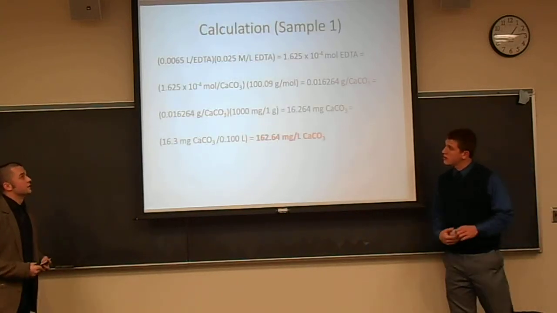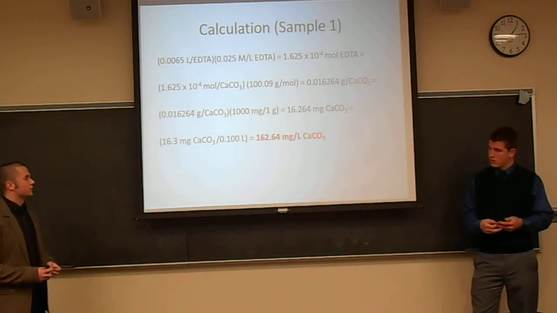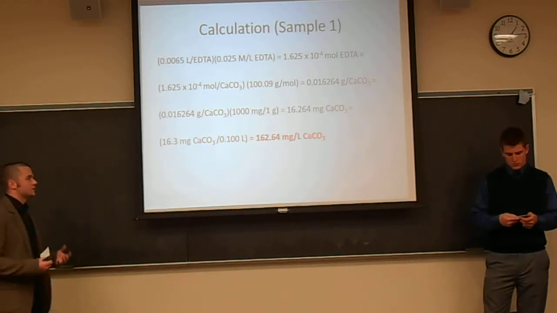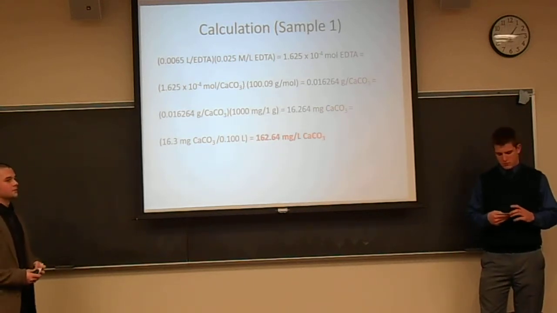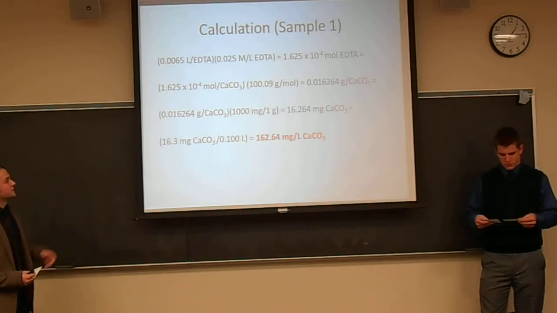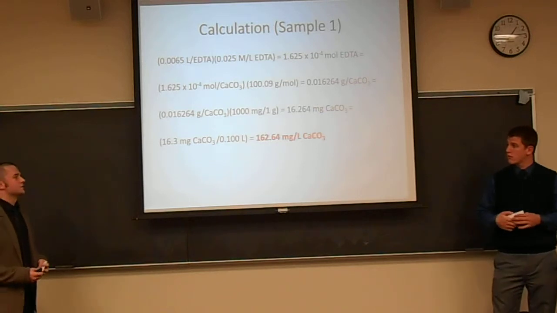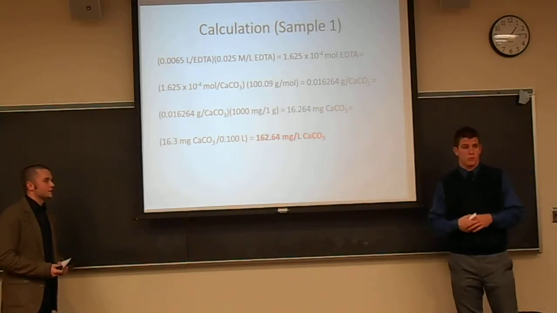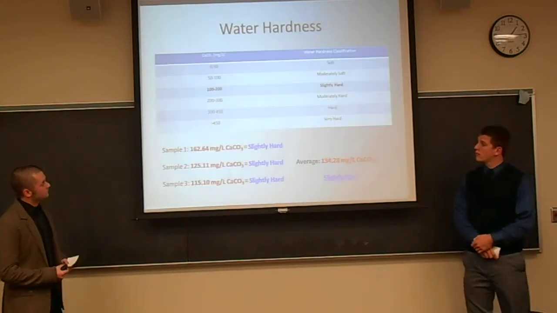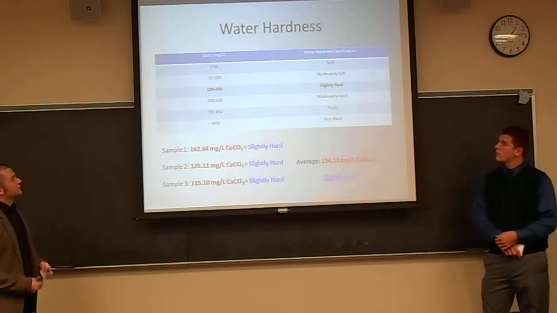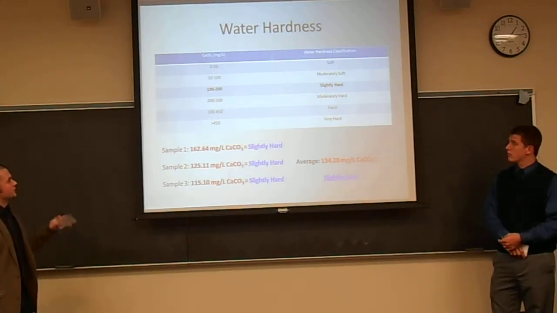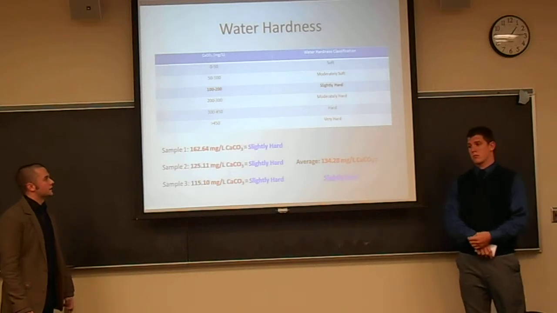Here's a sample of the calculations that we performed to figure out how many milligrams per liter were in each sample. This is specifically our first sample, which ended up giving us 162.64 milligrams per liter of calcium carbonate. And here's a chart to show the scale of different water hardness classifications.